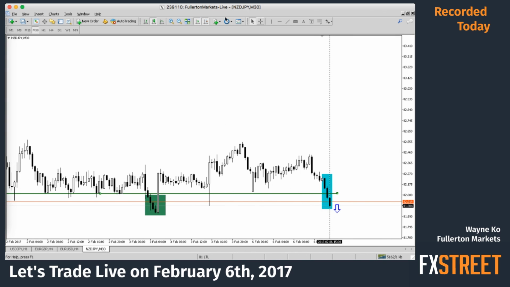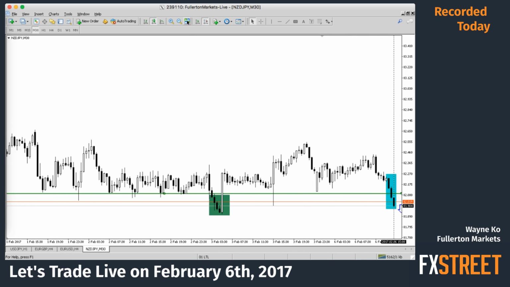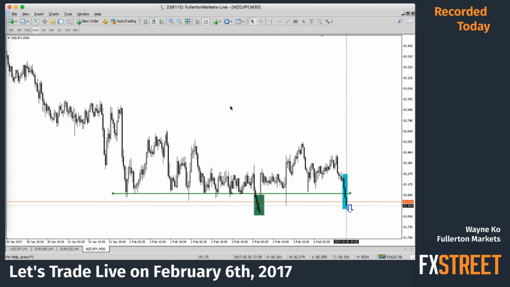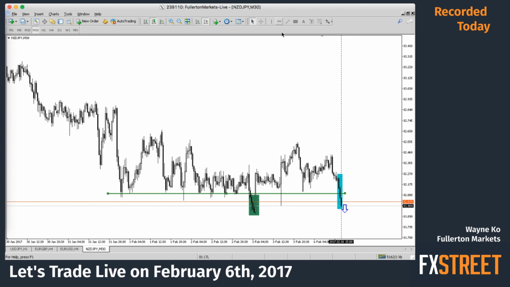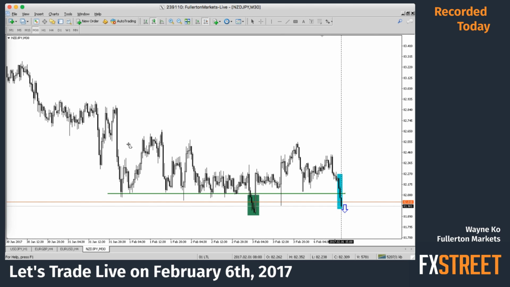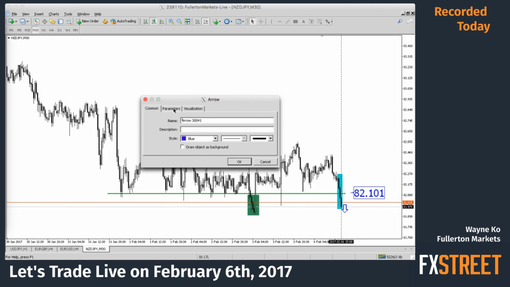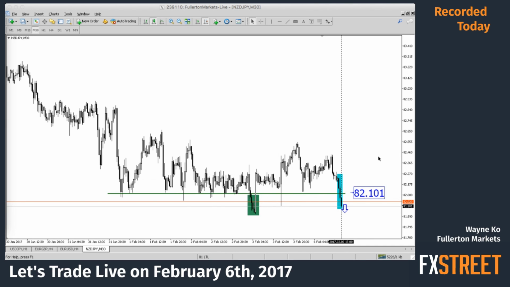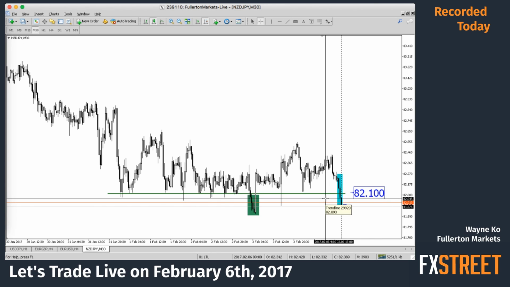So based on this chart, okay, I'll just zoom out first. Based on this chart, I will discount the weird movement in the green box, because for the rest of the time it is respecting this area, 82.10 plus minus.